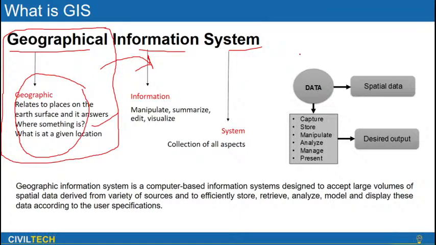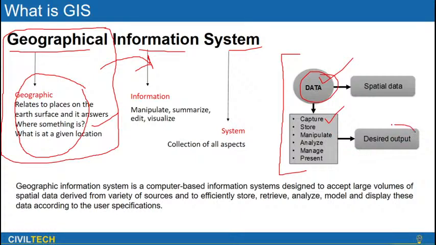Just to visualize what exactly GIS is, we are playing with spatial data. Whenever you come across the word data in GIS, it means by default spatial data. Once I collect the spatial data, I capture it, store it, manipulate, analyze, and manage it, and finally, as a GIS planner, we provide a map as an output to the end user.